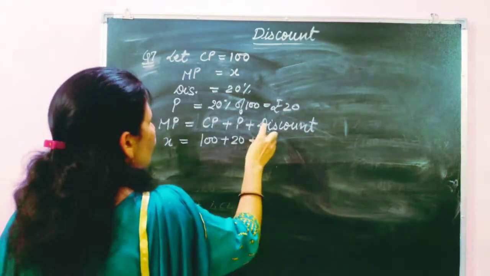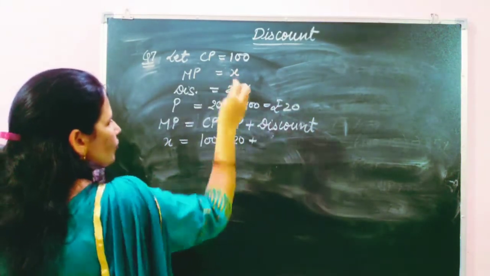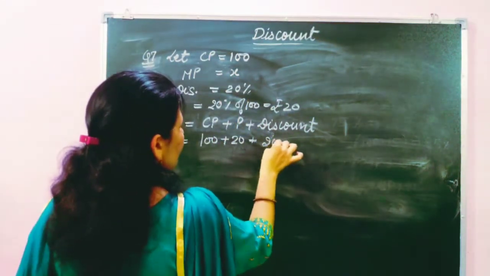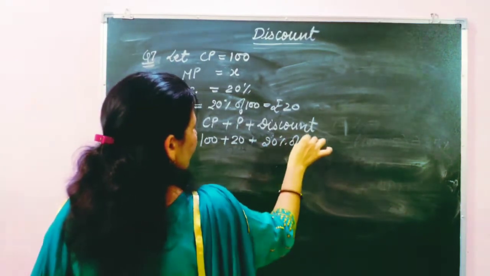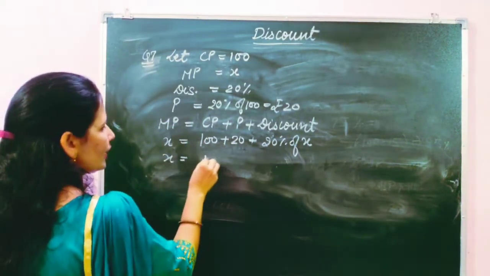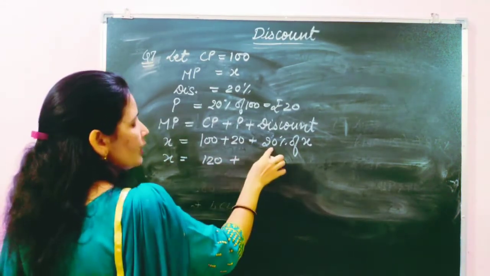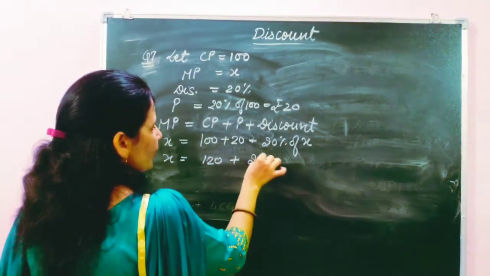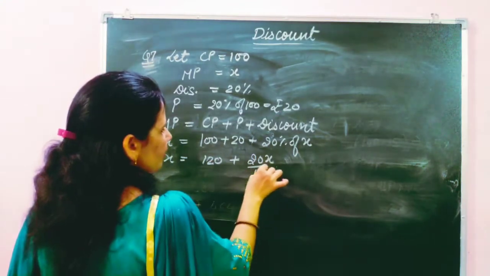And the discount, we know, is always calculated on the mark price, so we write 20% of X. So mark price equals 120 plus 20% of X, we can write 20X by 100.